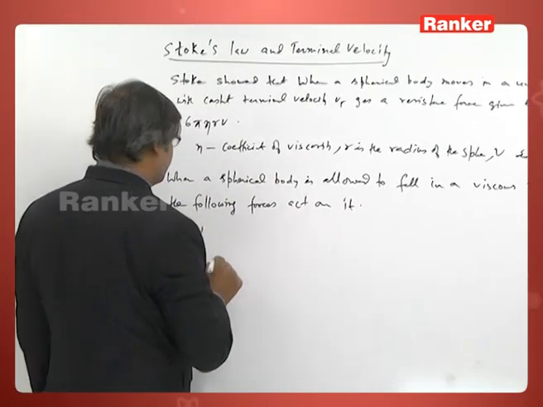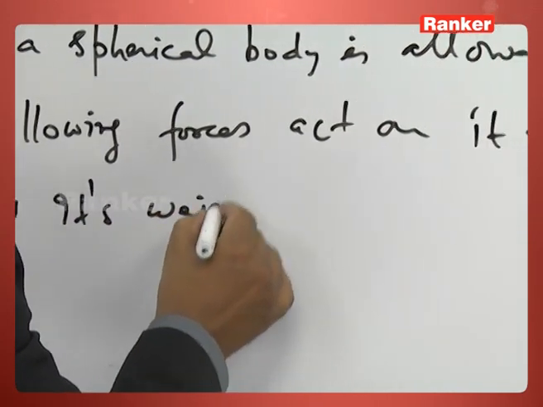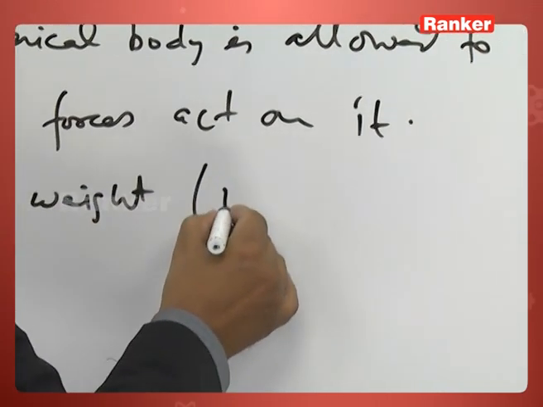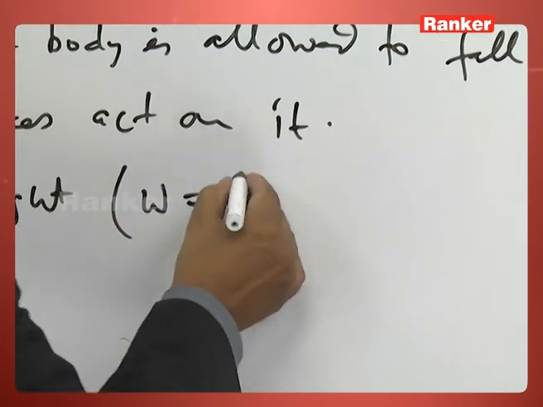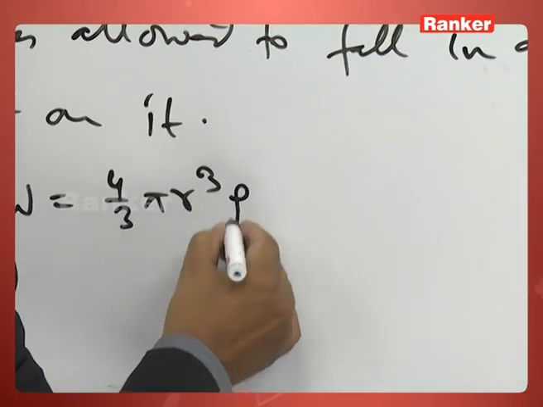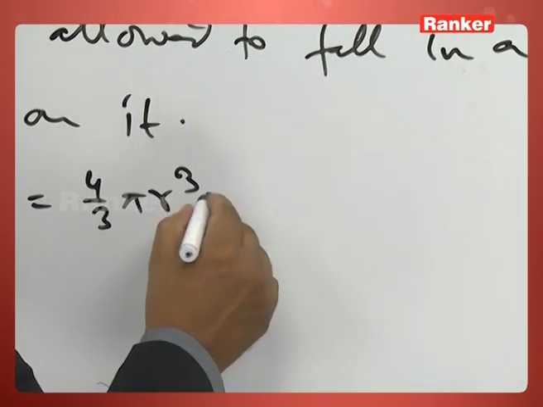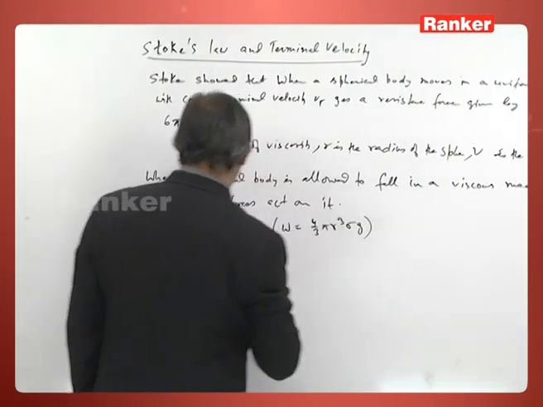Number one, its weight, denoted by W, that is 4 by 3 pi r cube sigma g. Let its density be sigma.